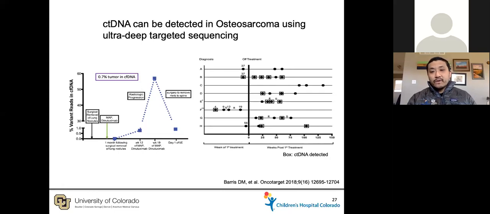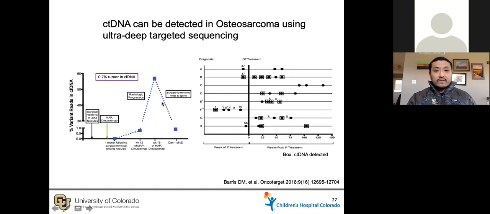So this is data from our close collaborator, Dan Weiser's group, that we pretty much share data and assays across our groups, where he shows that in a patient where there was initially surgical removal and radiographic CR right there, you do start to see this spike in ctDNA after the patient relapses.